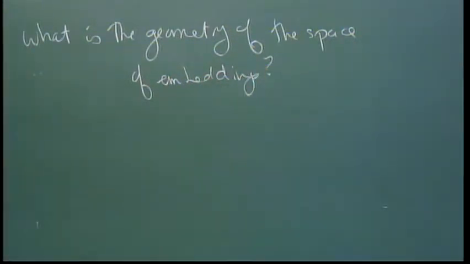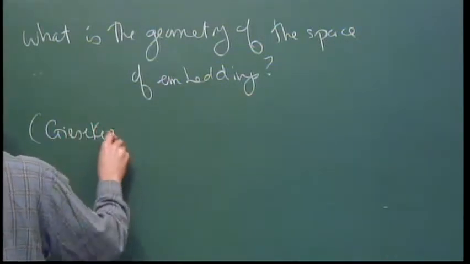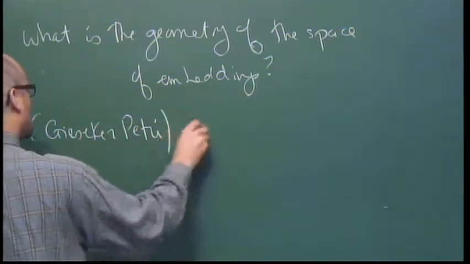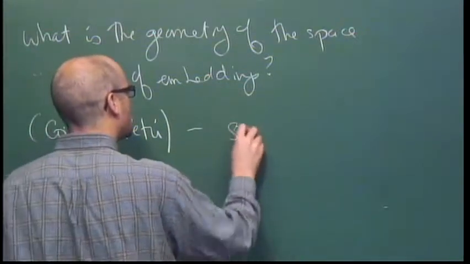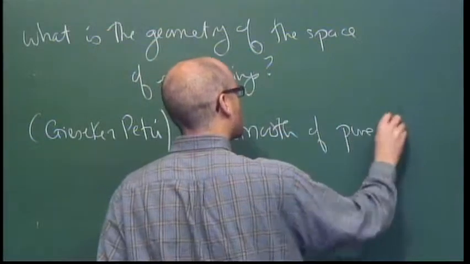And this question is a little more open-ended, so we can give several answers here. So one answer comes from the Gieseker-Petri theorem, that this space is smooth of pure dimension rho.